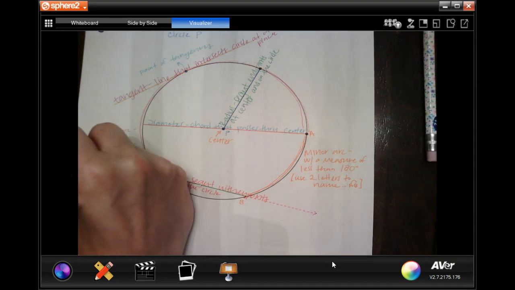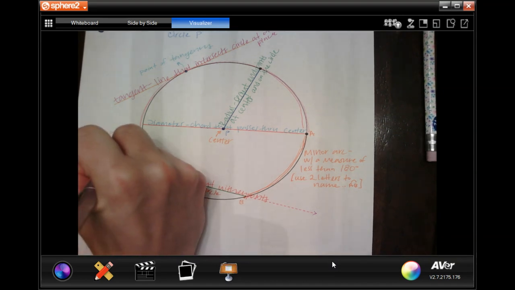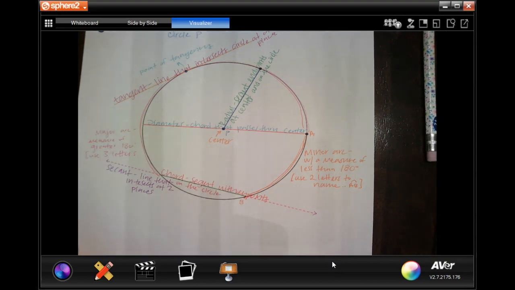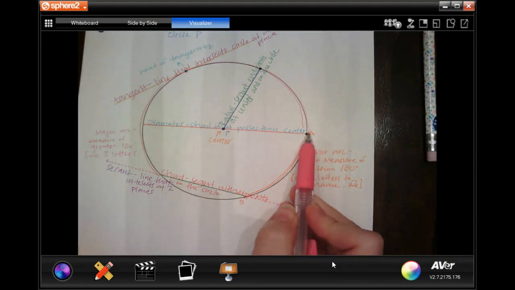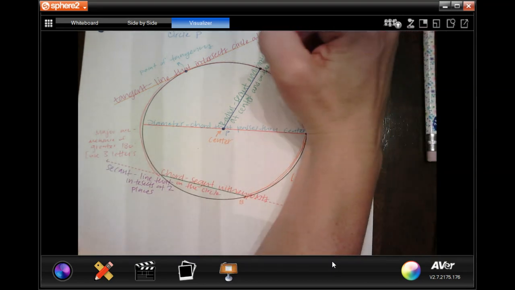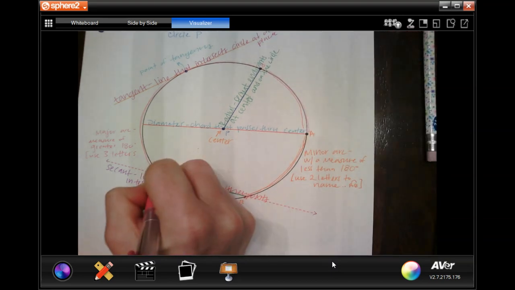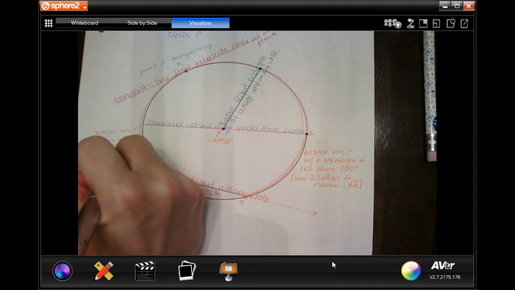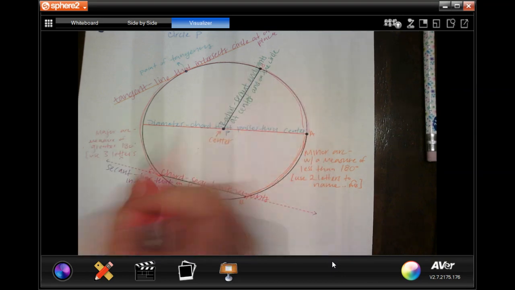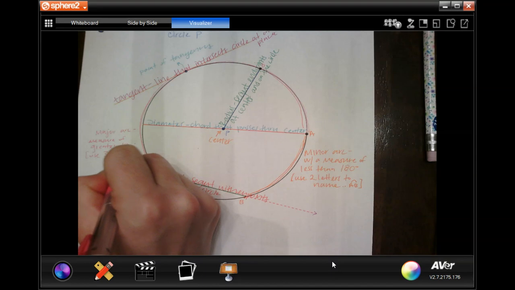And we're going to use 3 letters to name that. So like if this was A, and this one was D, and this one over here was E, then this would be arc ADE.